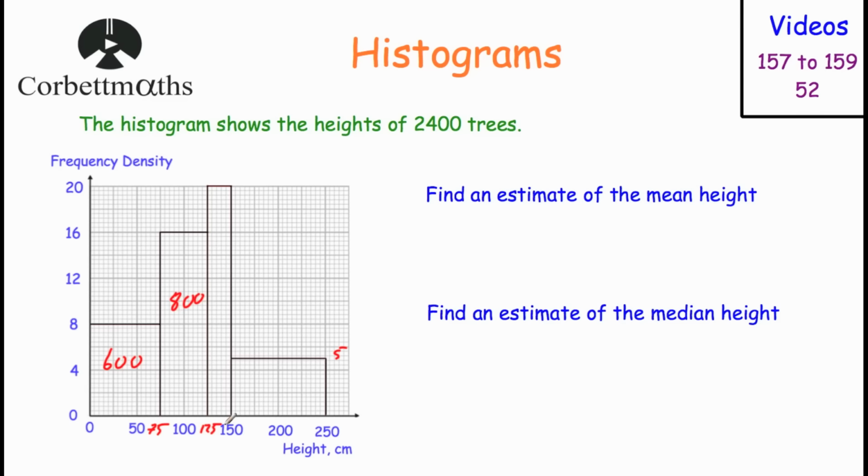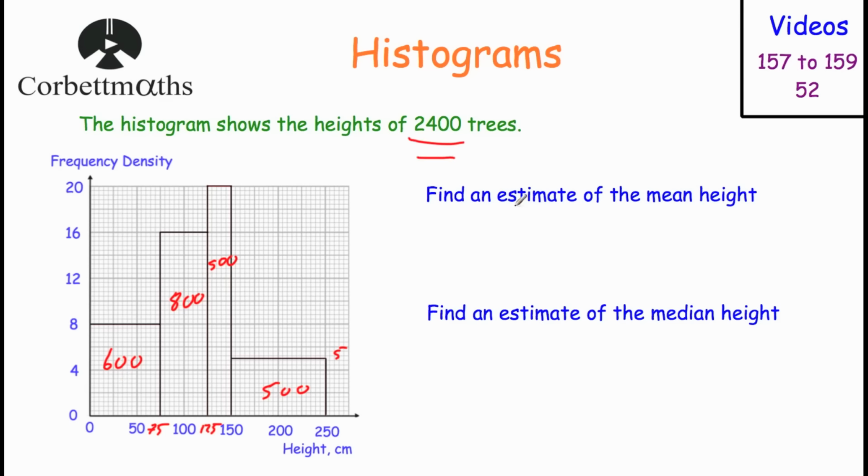Next, from 125 to 150, that's a class width of 25 times 20 is equal to 500. And finally, from 150 up to 250, that's 100 as a class width, times 5 is equal to 500. And let's just add our frequencies up. 600 plus 800 plus 500 plus 500 is equal to 2,400, which we're told in the question, which is fantastic.